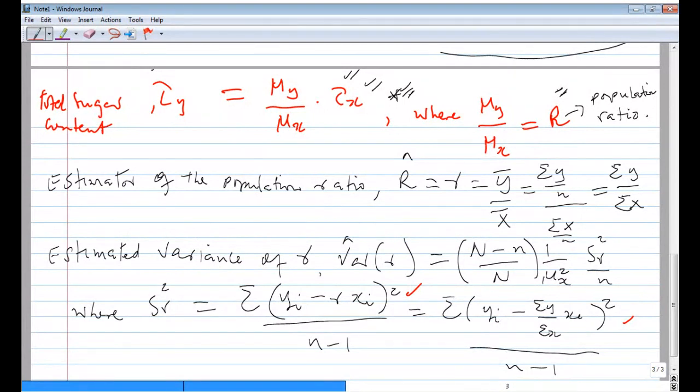The summation of y divided by summation of x is multiplied by what? Xi, this one. Sorry, it's not mu, it's xi. It's coming from this one.